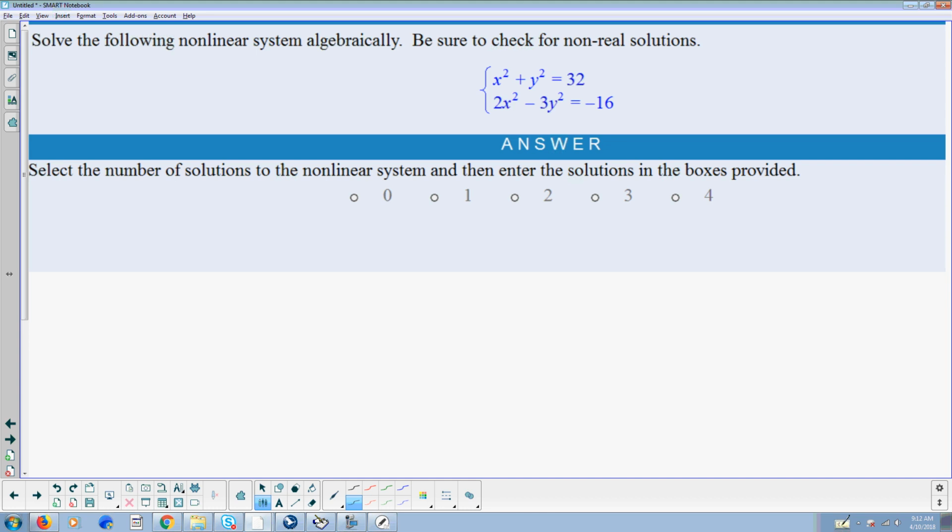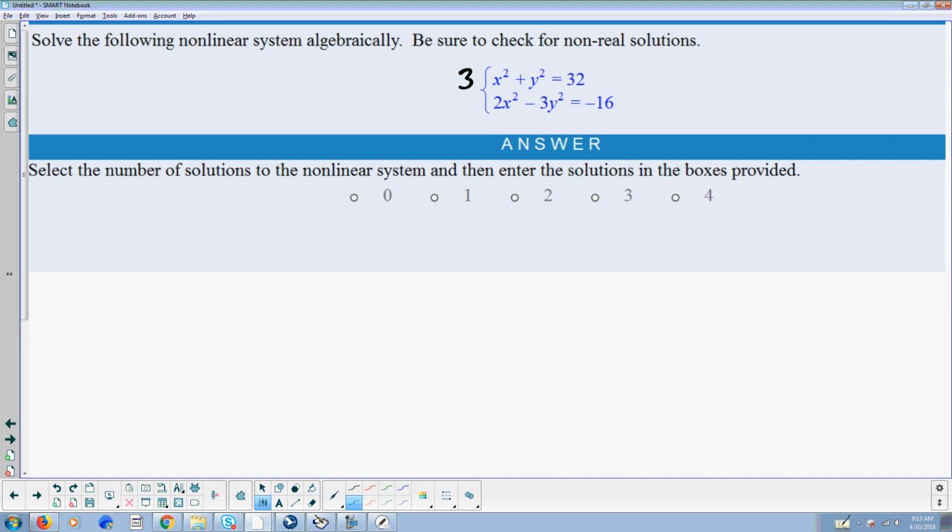In looking at this, I noticed that both of these are in standard form. X squared plus y squared equals the constant. I'm going to use the elimination method here. I'm going to decide, do I want to eliminate x or do I want to eliminate y? Since this is positive and this one's negative, I think I'm going to multiply that top equation by 3. That's going to allow me to eliminate the y's.